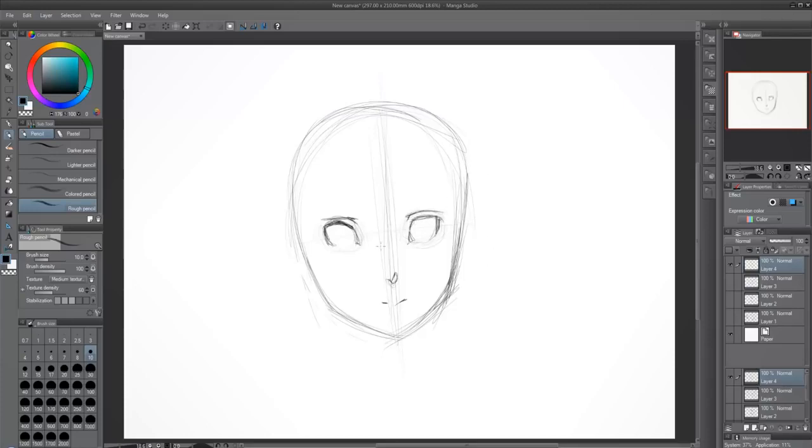I'm going to put in the eyelashes, but something you can do even in the realistic style, if you have an eye, especially if you're not doing a close-up where you actually see the eyelashes. Let's say I have a smaller eye here, right?